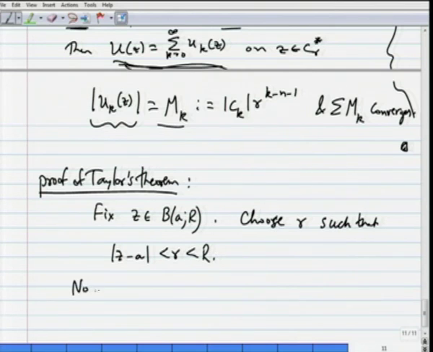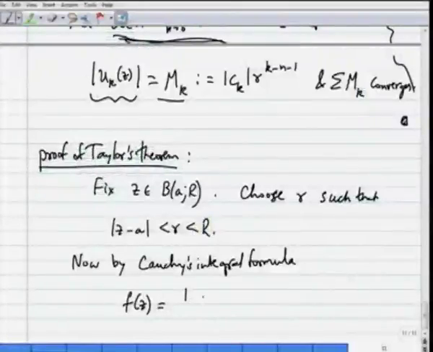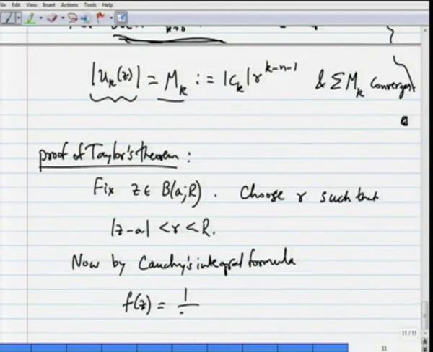Now, by Cauchy's integral formula, we know the function f of z. Remember, we are trying to reconcile the value of the power series and the value of f of z. So let me first look at the value of f at z. This is 1 by 2 pi i times the contour integral over the contour C r of f of w divided by w minus z, dw.